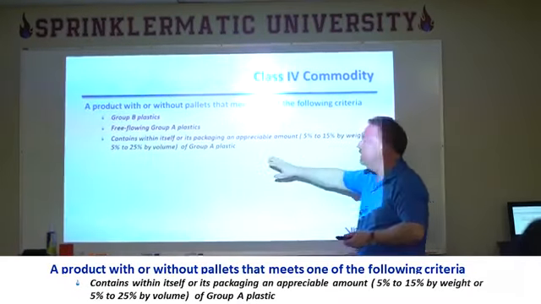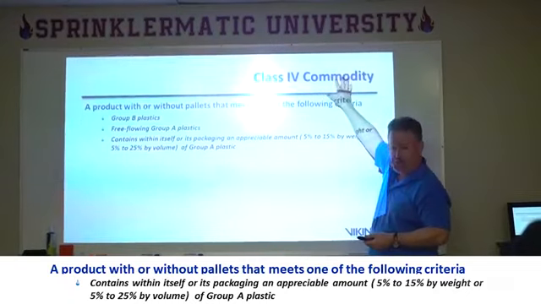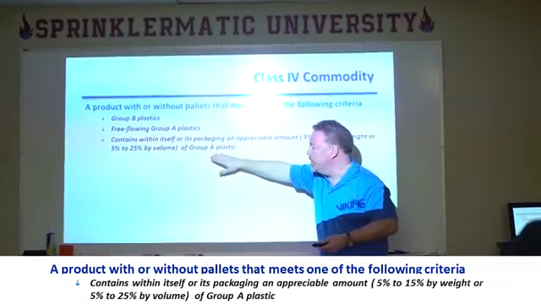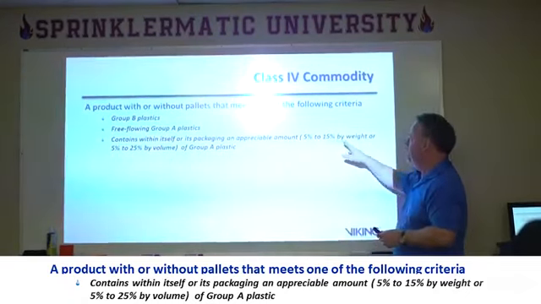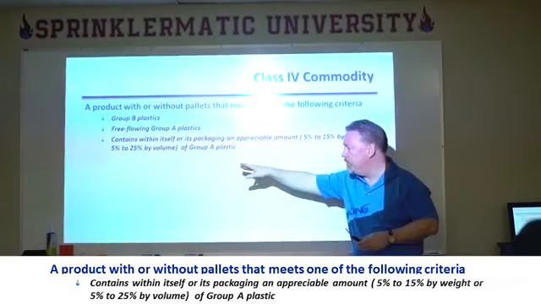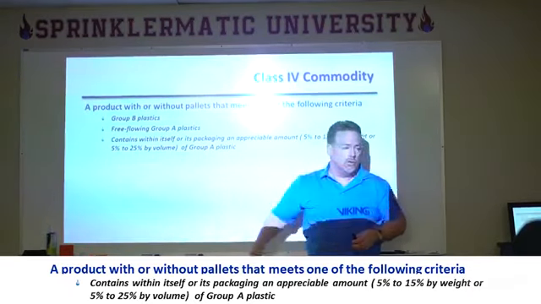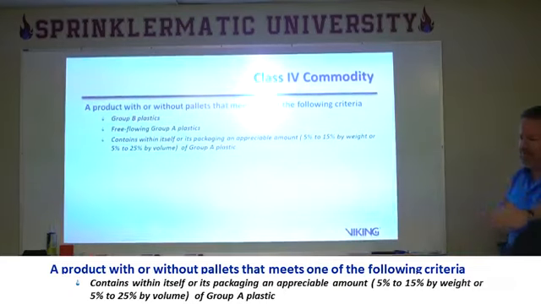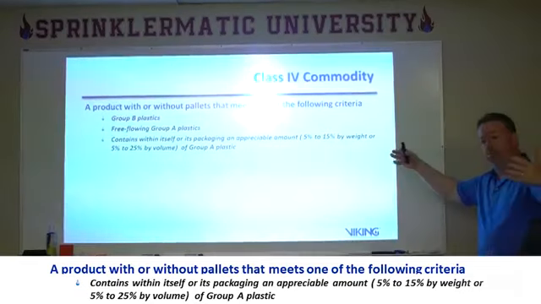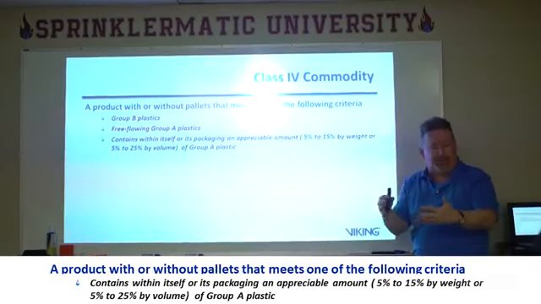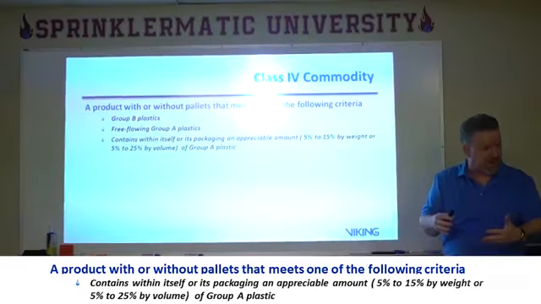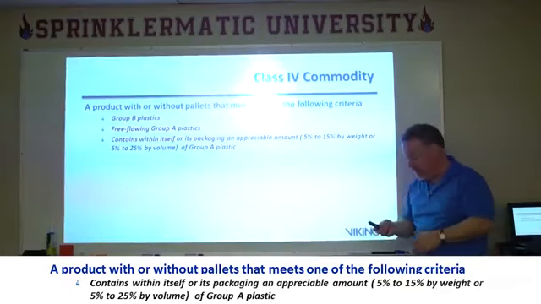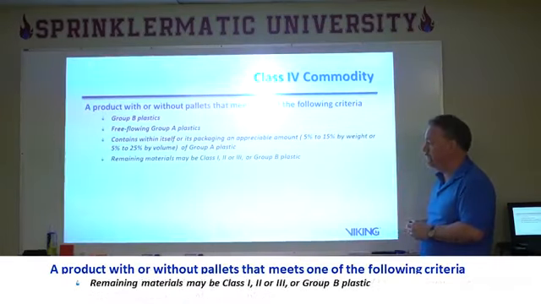Once again, here the class 4 commodity is a combustible commodity that also contains 5 to 15% by weight or 5 to 25% by volume group A plastics. So again, you're starting to see that we're really now shrinking this down from that group of 7, we're down to probably 5 commodity classifications when it comes to how we're designing our sprinkler protection.